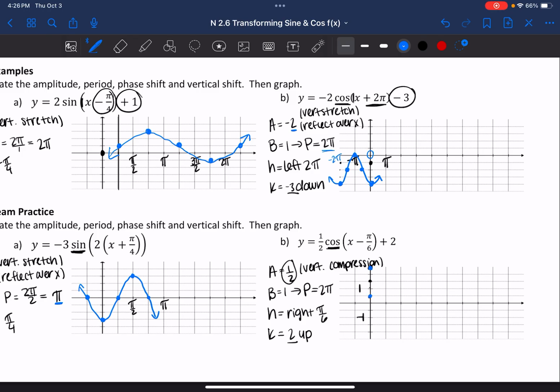So this would be my starting point. Okay, and that would normally be my maximum. So I'm starting high, and then I'm going to go down towards what would have been 0, but I have been shifted up 2 units, and I had a compression of 1/2. So that would put my next point right here on this line, which would be at 2.